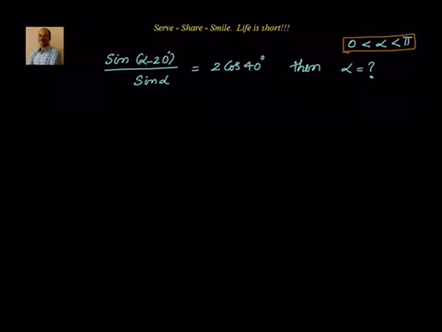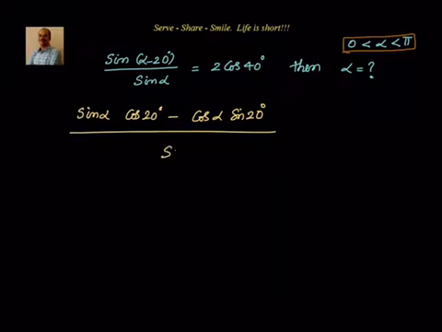So let's go ahead and write down. Our first step will be, we'll try to use the compound angle formula for sine of alpha minus 20. So can I write down sine of alpha into cos of 20 degrees minus cos of alpha into sine of 20 degrees, divided by sine alpha, equal to 2 into cos 40 degrees.